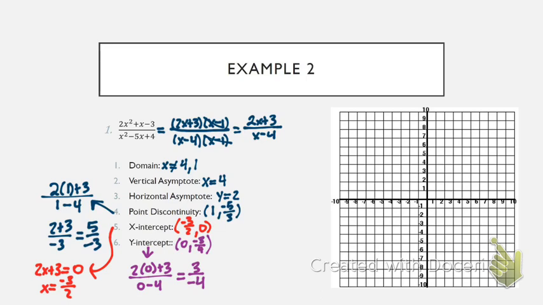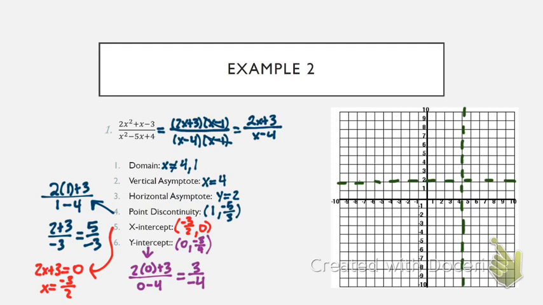Now that we've filled out all our information, we just need to put it on the graph. So I have a vertical asymptote at 4, so let's graph that. We have a horizontal asymptote at 2.